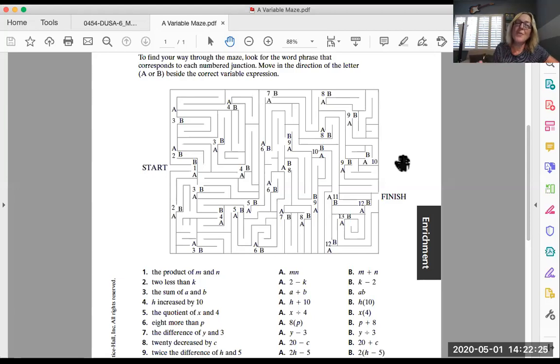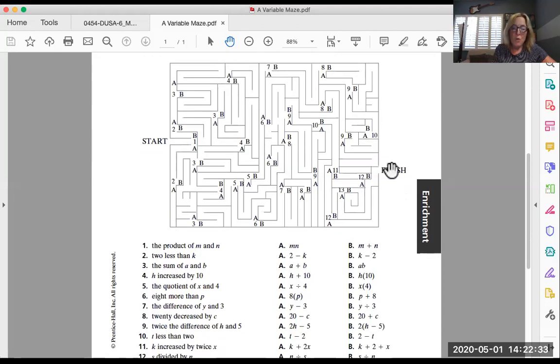But the way that you get there will depend on whether you take the A route or the B route. And so when you look at problem number 1, it says the product of M and N. You need to decide whether A or B is correct in how it represents that word phrase as an algebraic expression.